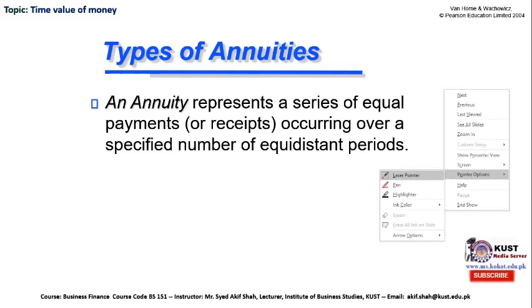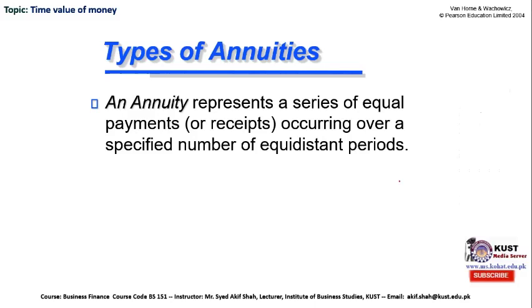We need to bifurcate it and divide it into many components. First of all, an annuity is an investment opportunity that represents a series of equal payments or receipts. So it could be payment or it could be receipts.